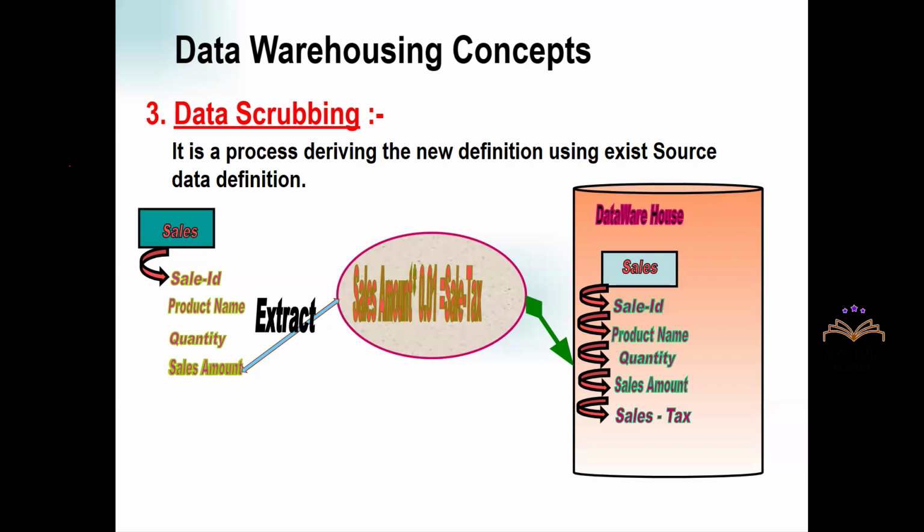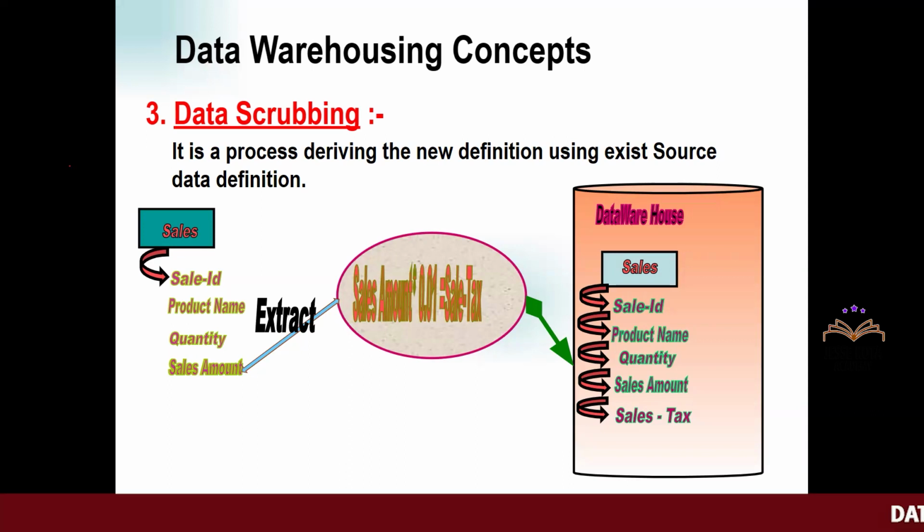Here 5% is the sales tax for a particular amount for every product. So the product cost is 100 rupees and tax is 5%, so that is 105. Sales tax is based on the product. When I want to derive columns at the intermediate level, this is called data splitting.